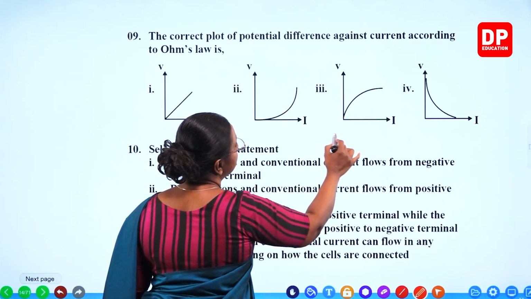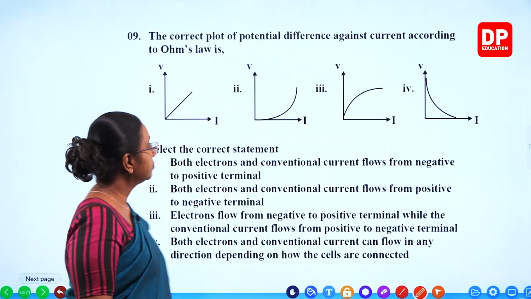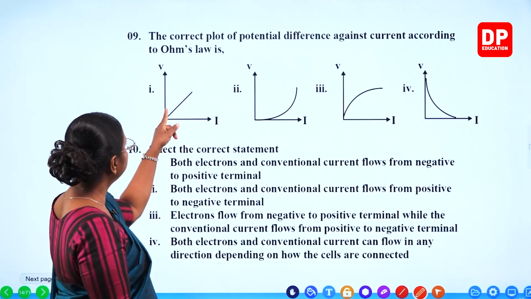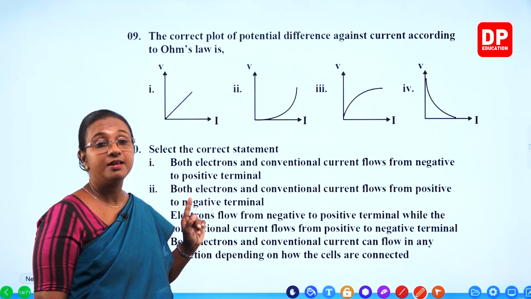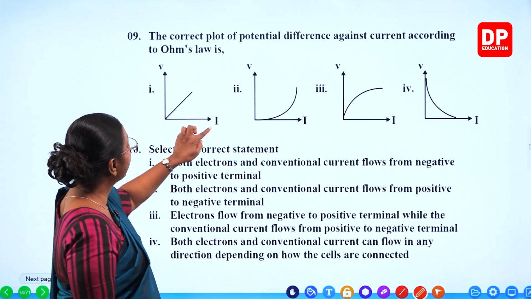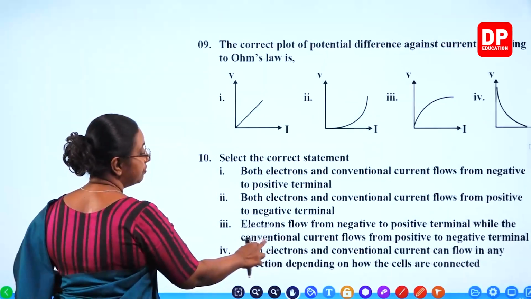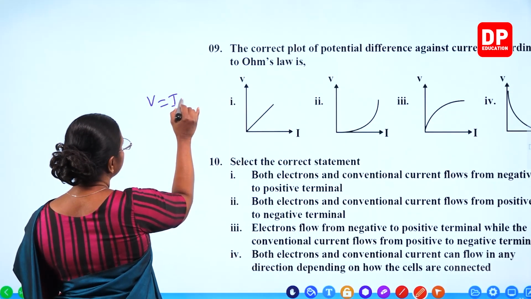This is a curve, that is also a curve, that is again a curve. So the only correct answer is the first one. And if you take the gradient of the graph, you will get the value of resistance. Why? V divided by I gives you resistance. Looking at it mathematically, V equals IR.